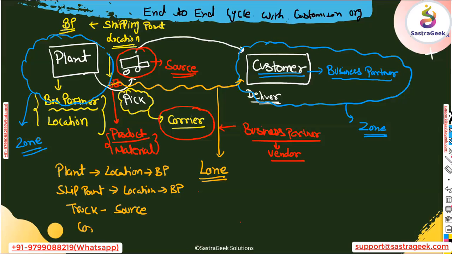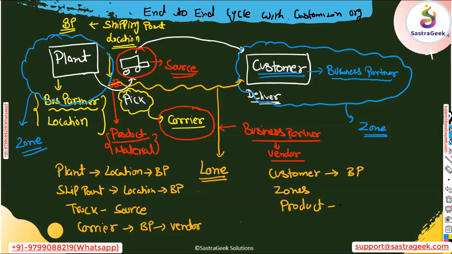You need a carrier, create it as a business partner, linking with your vendor. Then you need a customer, linking with your business partner. You need to create zones. You need to create lane. Lane I have already mentioned. I think I have mentioned, and you need to definitely create a product as a material.